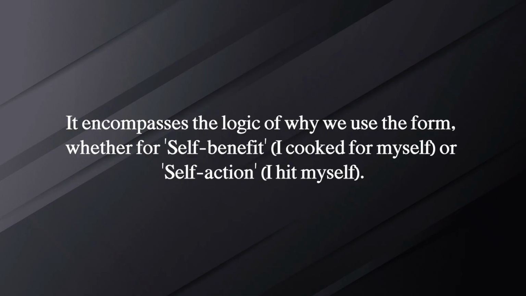This is how we use the reflexive form alongside subjects and pronouns to show that an action is directed back at the doer or performed for their benefit. It encompasses the logic of why we use the form, whether for self-benefit or self-action.